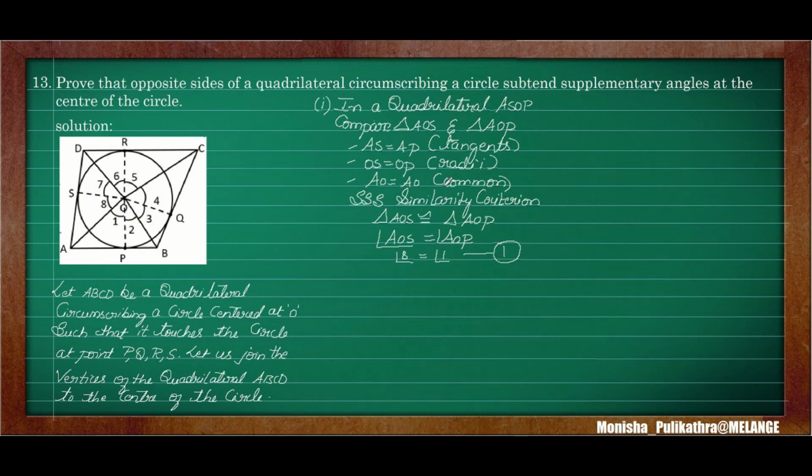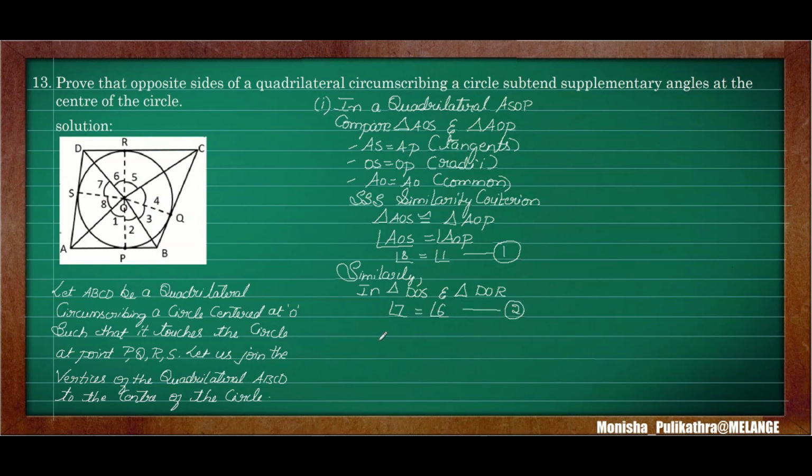Fine. So similarly, we don't have to derive all of these. Just write similarly for all the quadrilaterals. Okay. So similarly, in triangle DOS and triangle DOR, both triangles are congruent. If both triangles are congruent, angle 7 will be equal to angle 6.